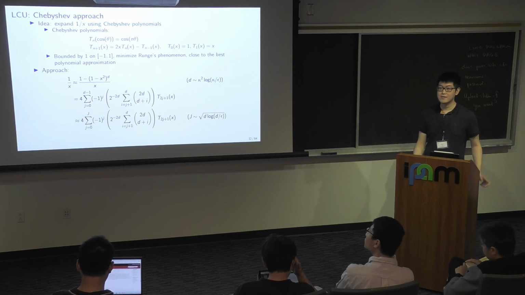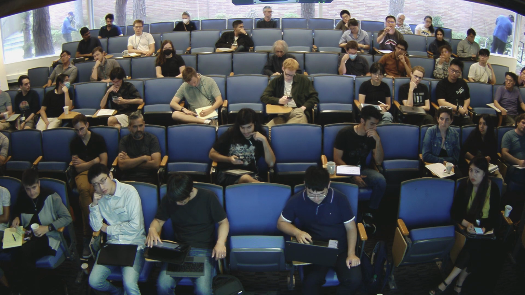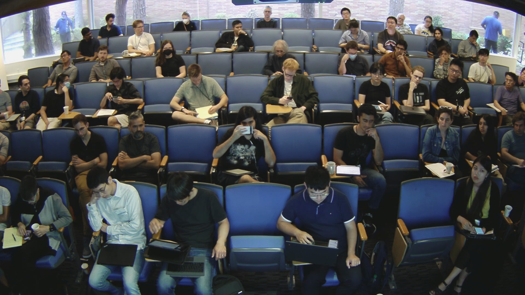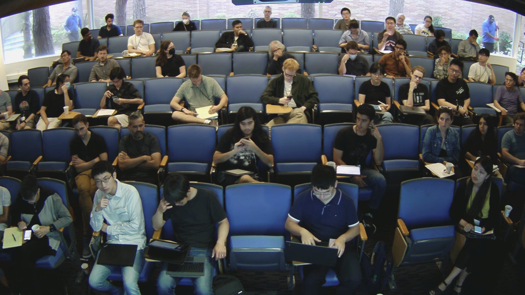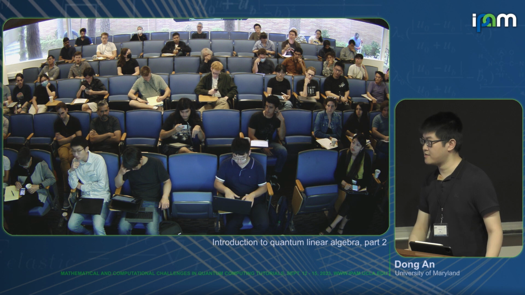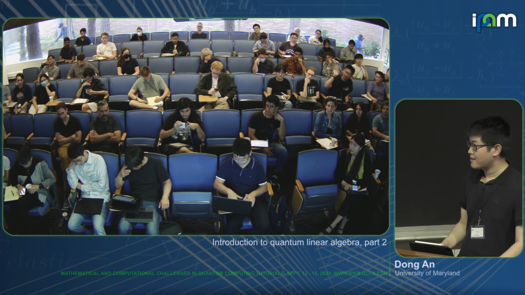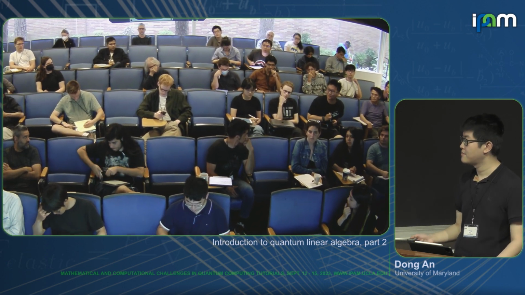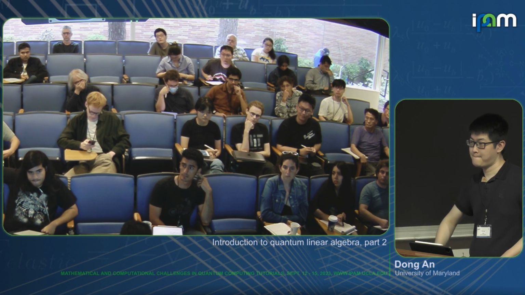So then my question is, if you consider the error of this approximation in the L infinity norm, it's still not a good approximation. You still need your x to be larger than 1 over kappa to make this a good approximation. That's right, x should be larger than 1 over kappa. Sorry, the first approximation is an epsilon error approximation. What's the last one? It is again an error approximation in terms of the infinity norm.